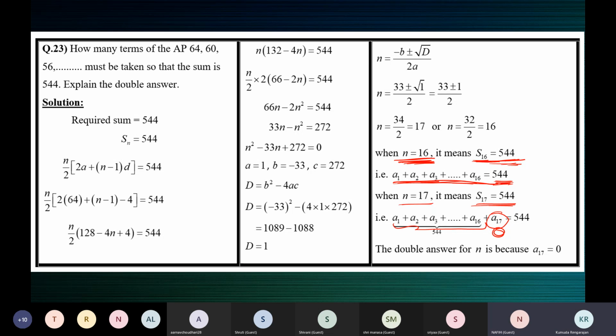The sum of the first 17 terms should be different, but it is not different. It is the same 544 because the value of the 17th term is 0. So the double answer for n is because A17 is 0.